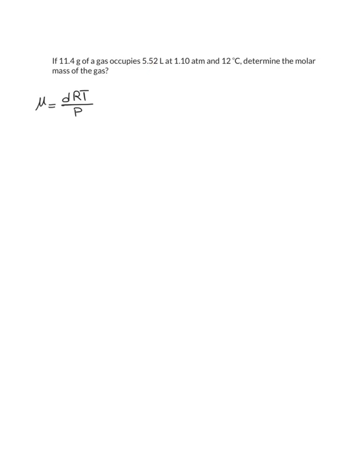We have 1.10 atmosphere, so we do have the pressure, and we have 12 degrees Celsius, the temperature, but we need to convert that to Kelvin, so we simply add 273.